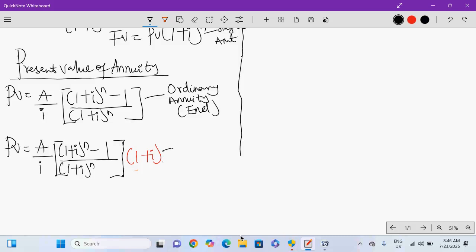So with the ordinary annuity, the annuity at the end, and the annuity due, or the annuity advance, that one you are earning interest on the investment. Annuity due or advance is at the beginning, right?